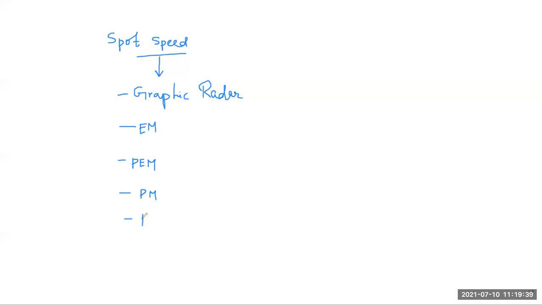Radar speed method. PM means photographic method.